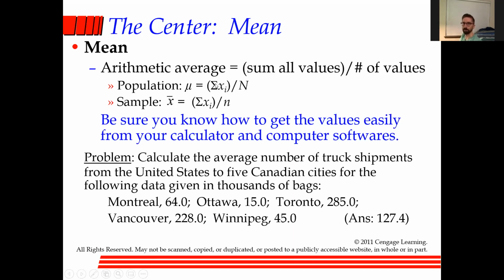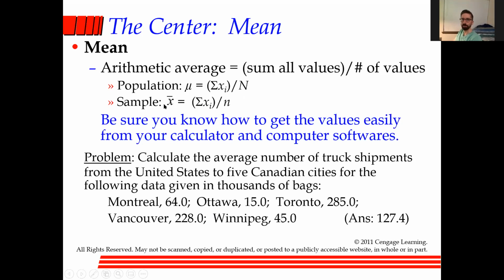Mu is equal to, and this symbol here, you've probably seen this symbol. This is the big letter sigma in Greek, which means sum, all right? We sum up the values in a data set, and we're dividing by, for the population, big N, which represents the number of values in the population.